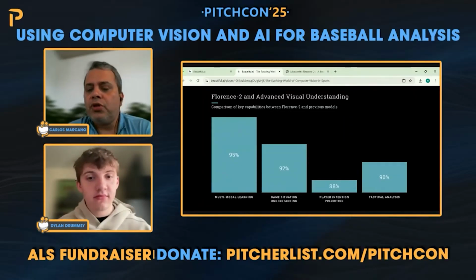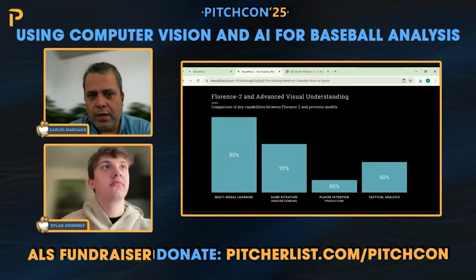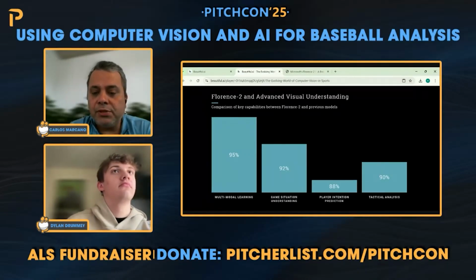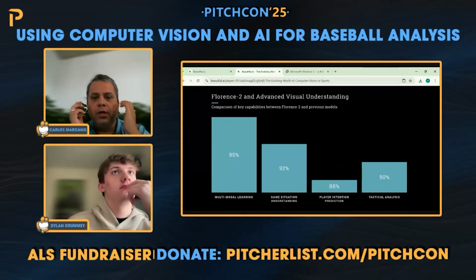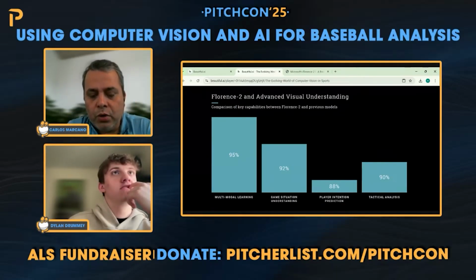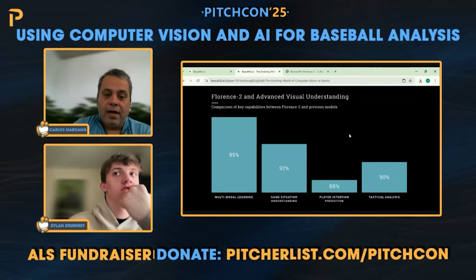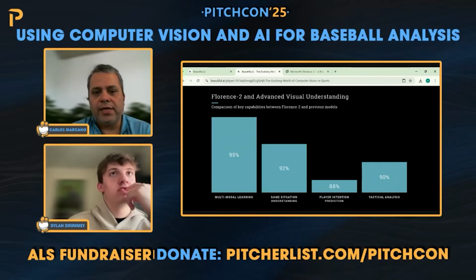Then we get into the VLMs, which are more advanced models because they're multimodal, and they can work in a different way in that they can analyze an image and give you context around that image. One of those models is the Florence 2 model.